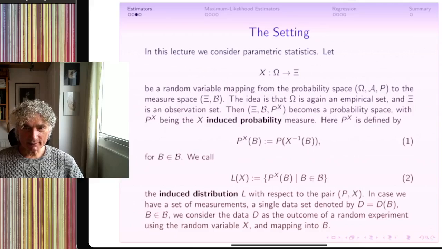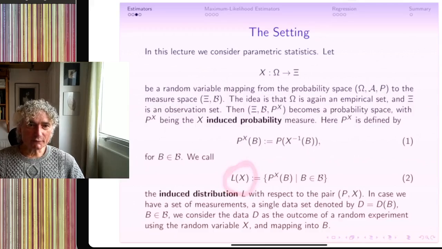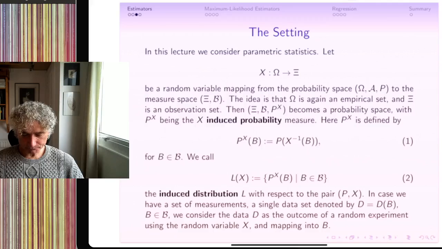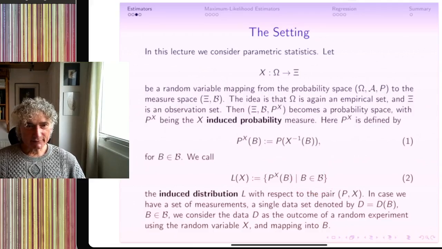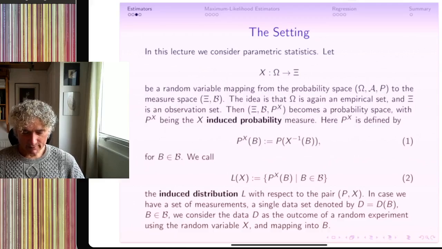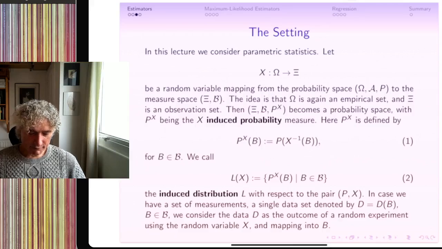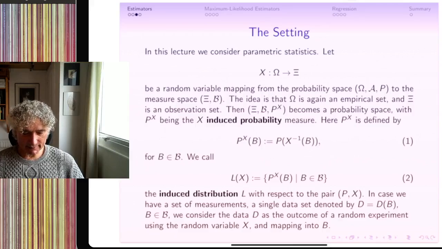And now we call L of X the distribution of the random variable. This is just given by all the outcomes, so you go through all the sets B in B that you have, and then you look at the induced probability of this set B. And usually we denote all these probability distributions by capital L.